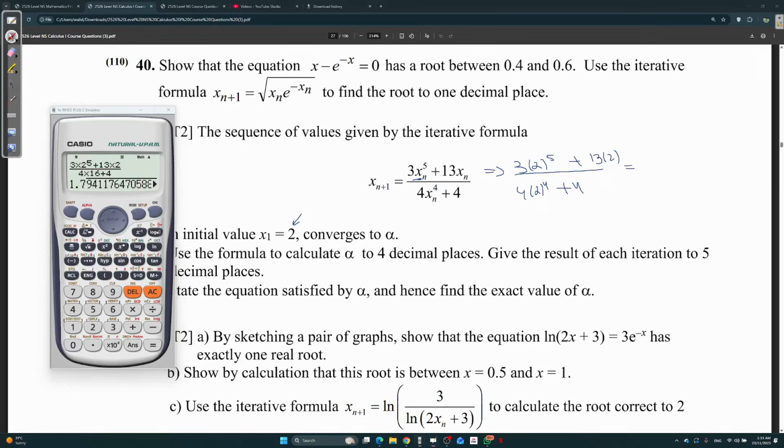You get 1 point, they want 5 decimal places, so 1.79412. Then the answer of this is the new number that you substitute in the next one.